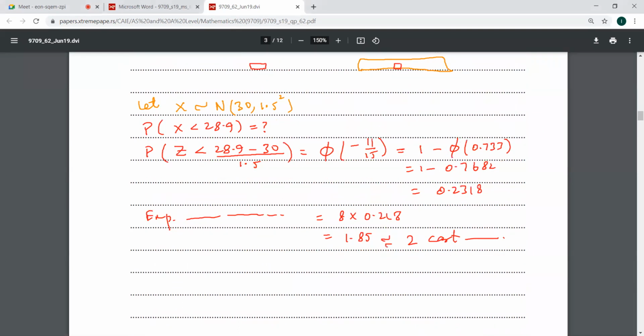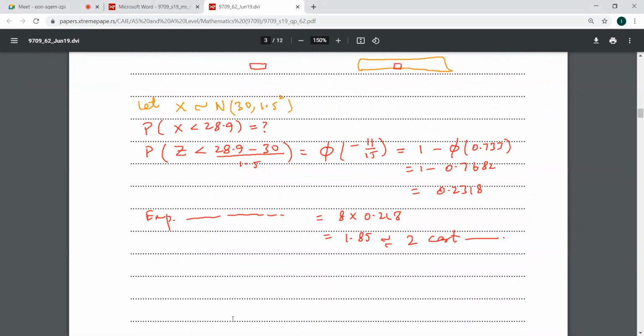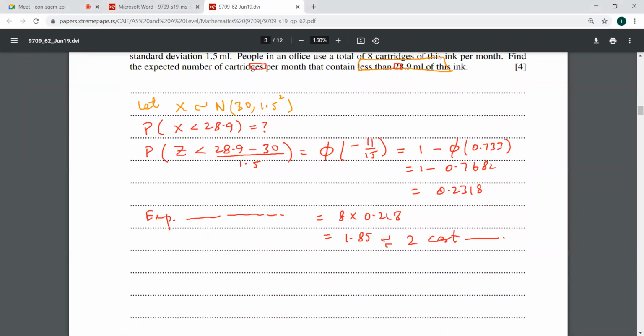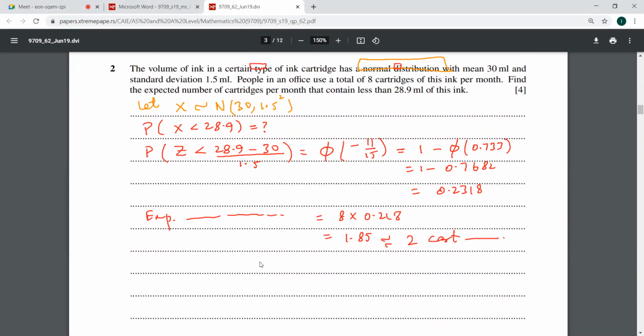So I move to... I have a question. Yes, beta, yes. Sir, if we have to subtract 1 minus phi of something from the other side, do we need to change the signs? Which signs? Where? Sir, like we do in subtraction, do we need to change the signs too?